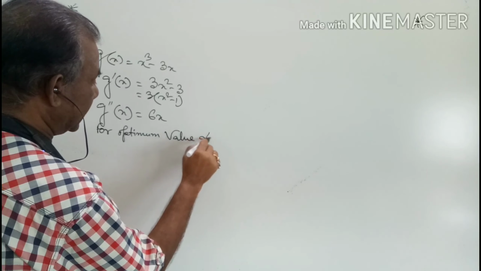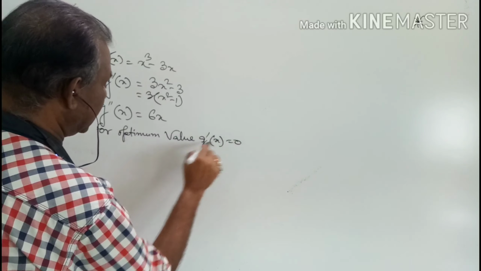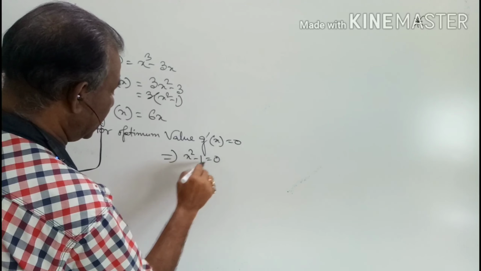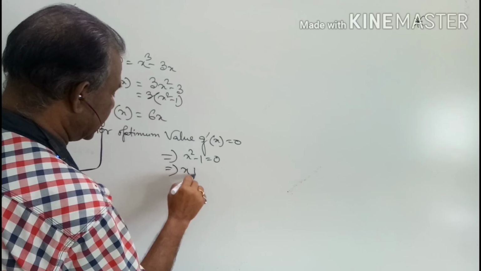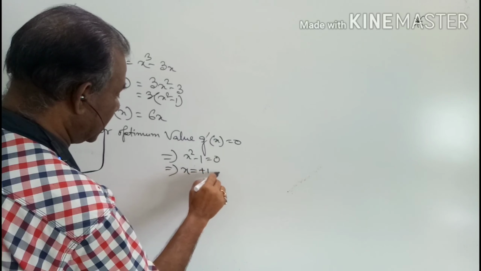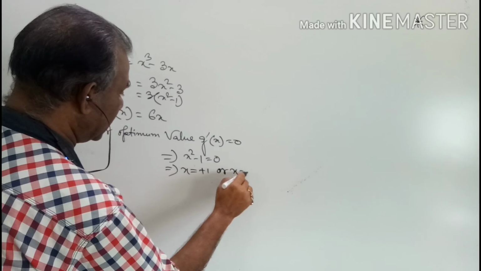Now for optimum value, once again, g dash x equal to 0 implies x square minus 1 equal to 0 implies x is equal to plus 1 or x equal to minus 1.